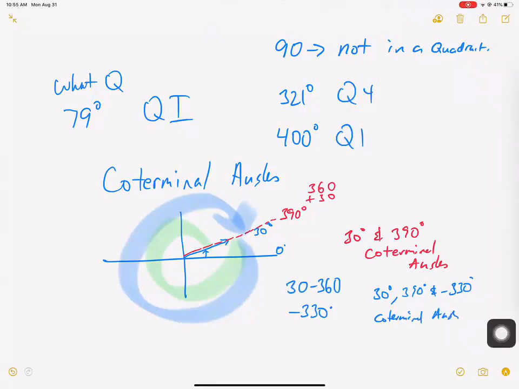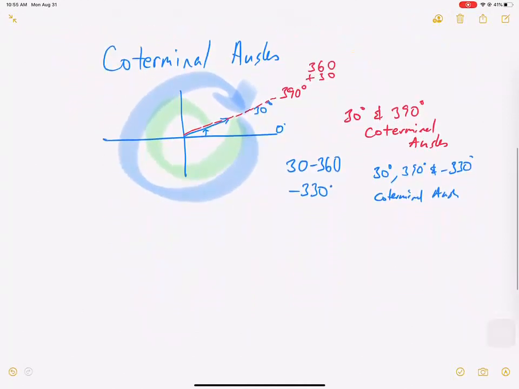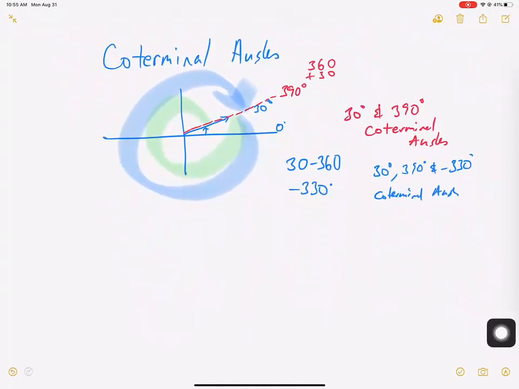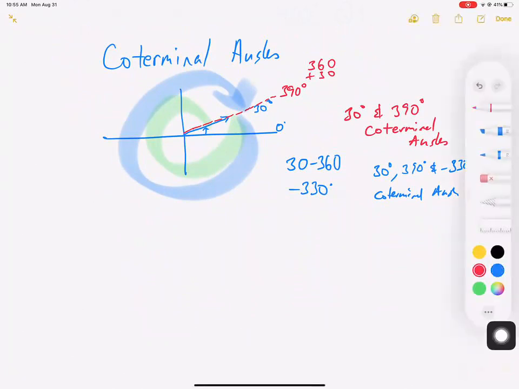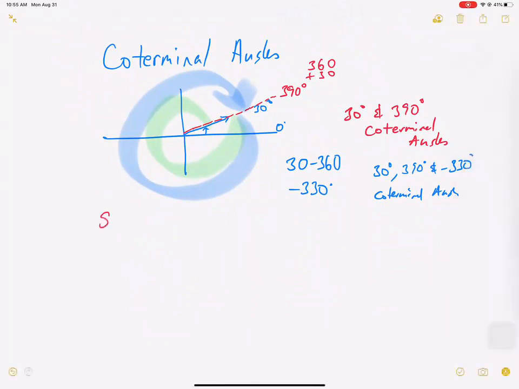So no matter where we go, as long as we stop at the same angle, it's going to give us what we call coterminal. Now, this is important for us because we're going to learn something called sine, cosine, and tangent later. And when it comes to sine, cosine, and tangent, this is true. So 30 degrees, 390, and negative 330.